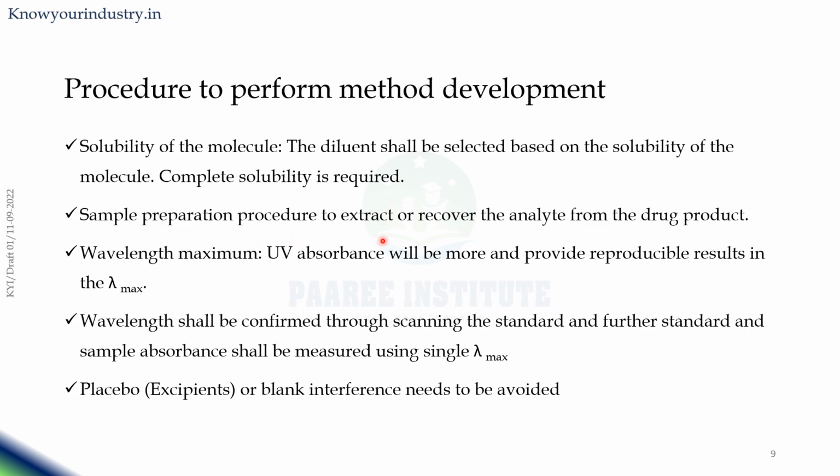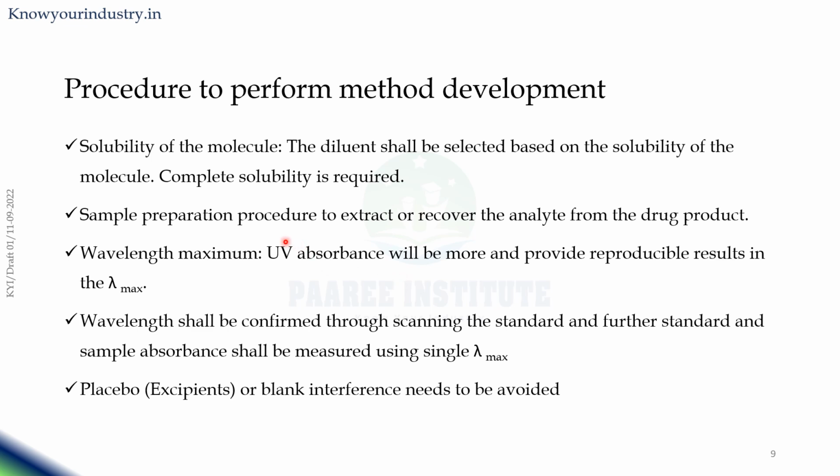The sample preparation procedure to extract or recover the analyte from the drug product is very, very important. Now you are taking a tablet or a capsule or a pellet or some other product, which contains the drug as well as the excipients. So you have to extract the drug from the tablet or capsule matrix, which is very important.